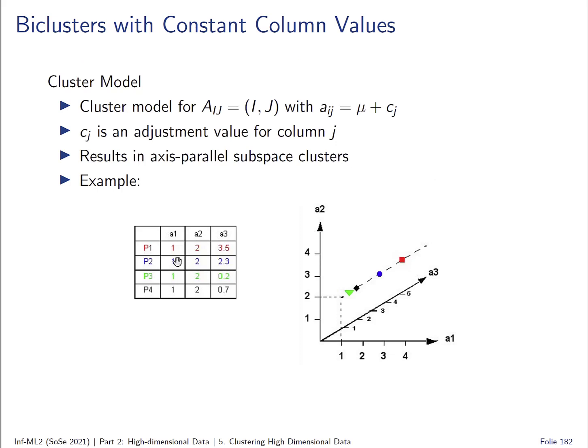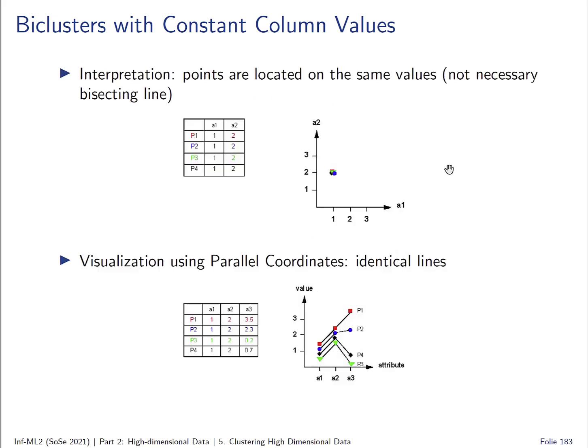Now we only have the same values per column in all rows, meaning that the points are located on the same location if we project them on this subspace that is spanned by the columns A1 and A2 in that case, but it need not be on the bisecting line anymore, because it can be anywhere, because 1 in A1 doesn't mean 1 in A2.